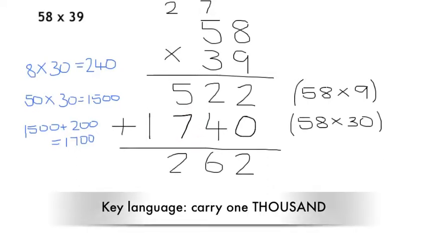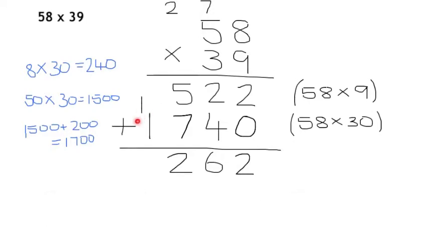I write down the 2 hundreds and carry 1000. 1000 plus the 1000 that has been carried over is 2000. So my final answer to 58 multiplied by 39 is 2262.